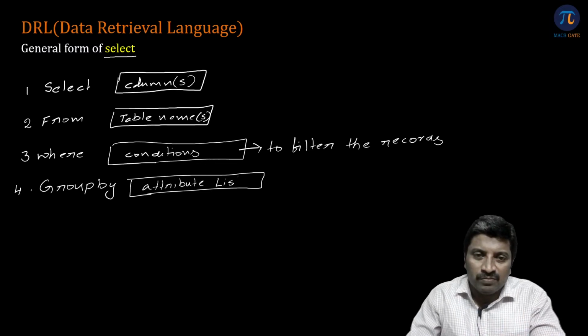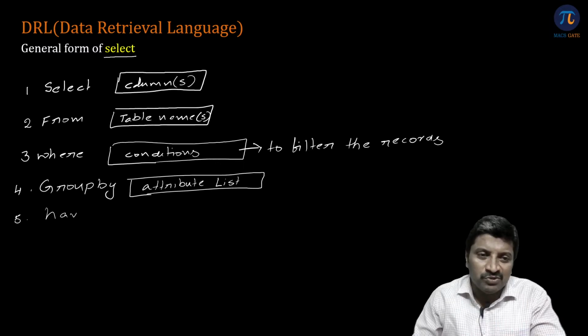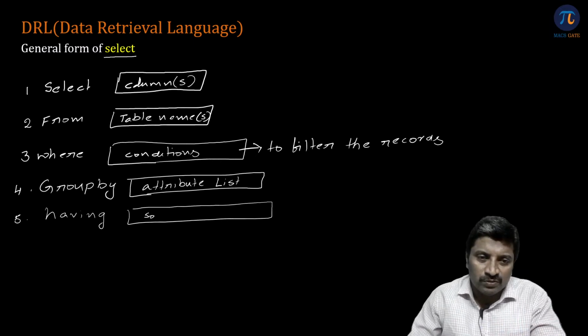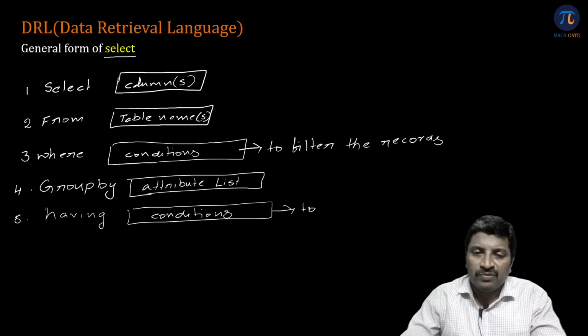So on which basis do you want to group the records? After making groups, sometimes you may filter some groups, so we write conditions to filter the groups.